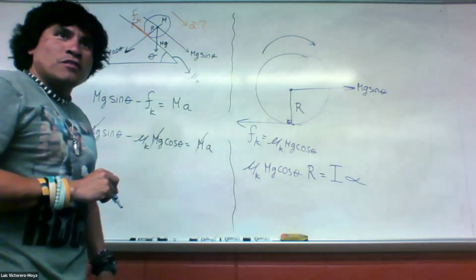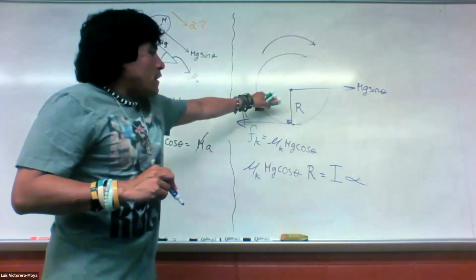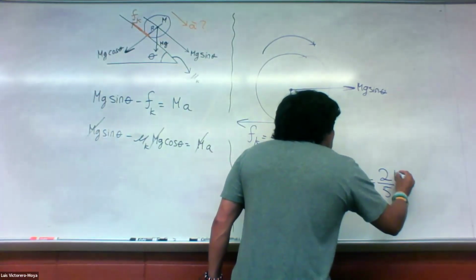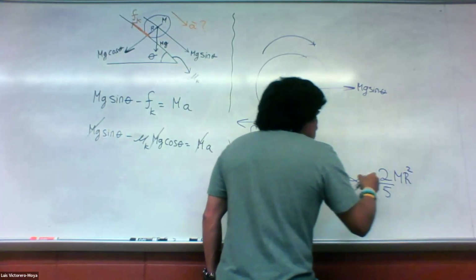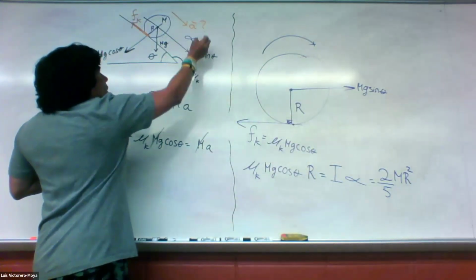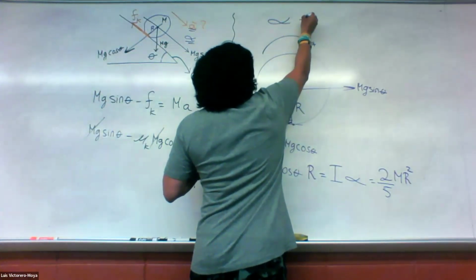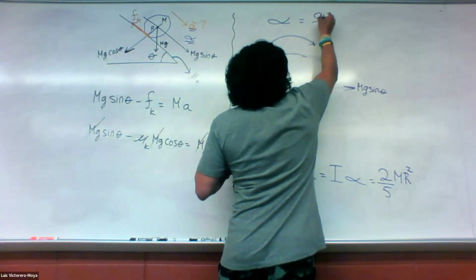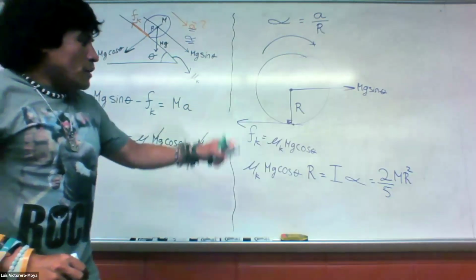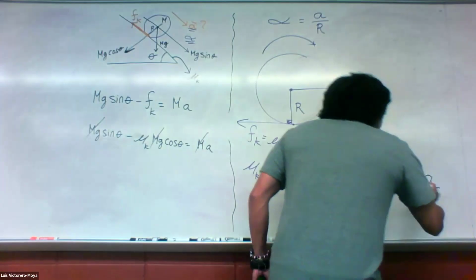That is how you apply forces, for example, on a wheel. Now, this is a sphere, so 2/5 of m r squared. And what's alpha in terms of acceleration? Alpha is linear acceleration divided by radius. That's chapter 7. So instead of alpha, I write a divided by R.